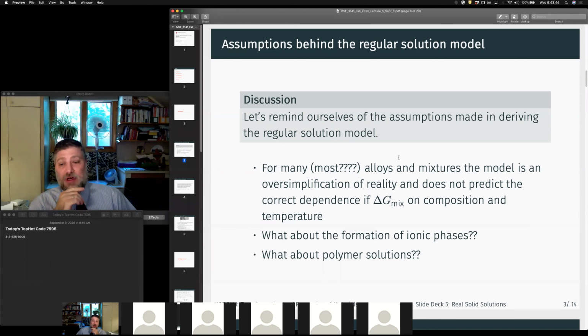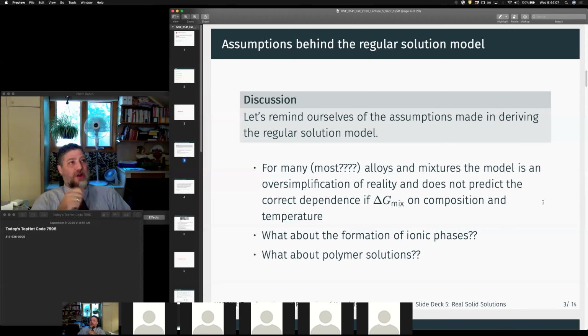So if we talk about real solutions, the big assumption made in the regular solution model was that the change in bond energies was small.